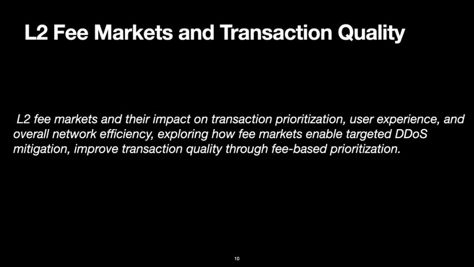Whereas now you can have a much more general purpose, a much more robust way of doing so. And more importantly, you can price it.